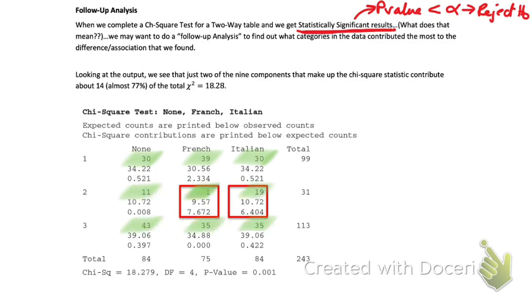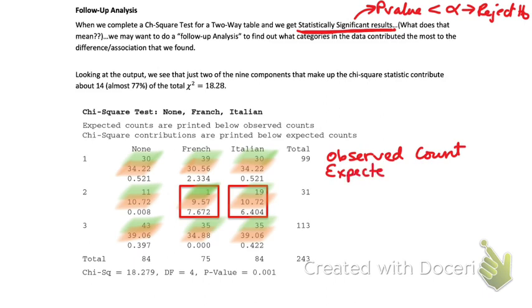Those are the observed counts. Then, if you look at the second line of each block, that is the expected count from each of those.